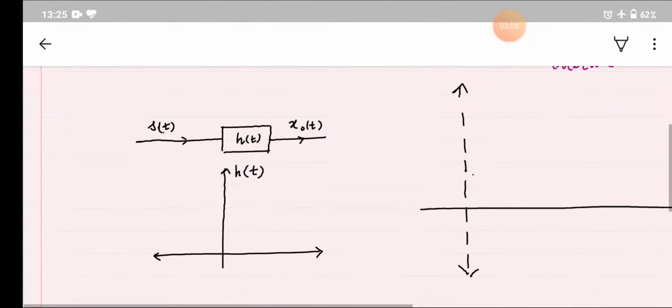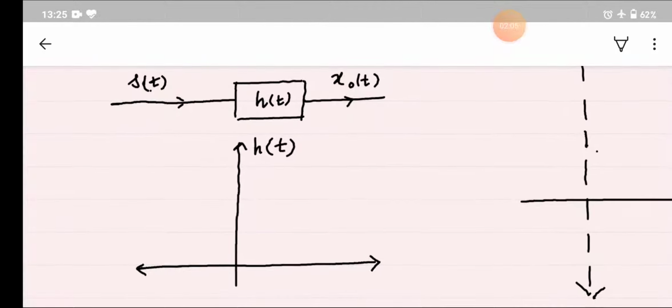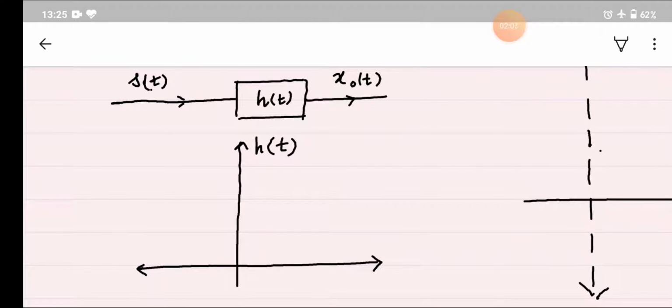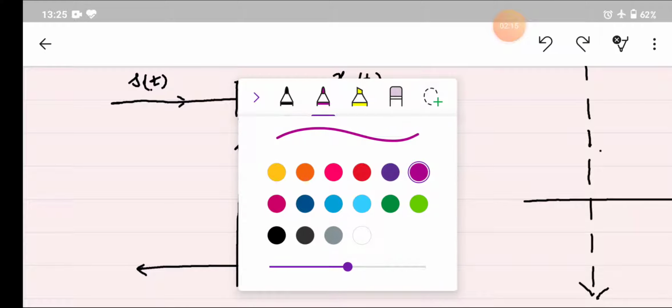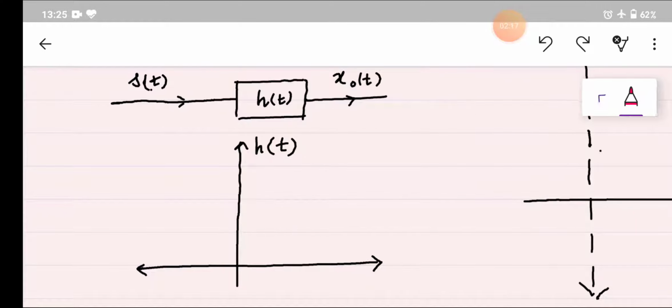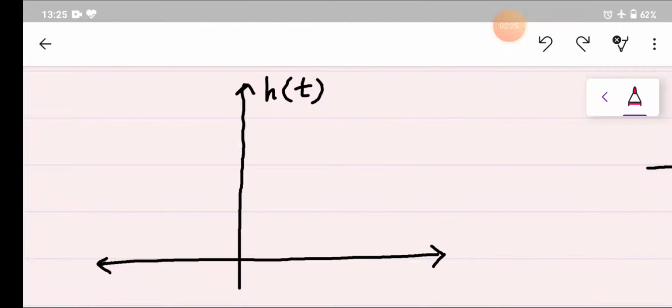So as you can see, HT here will look like a gate pulse of unit height and centered at origin.